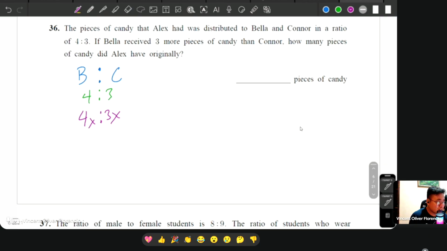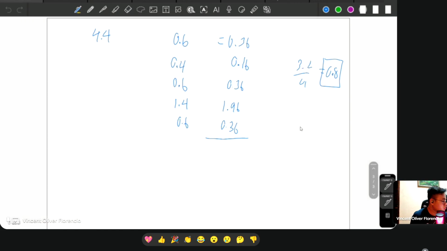Now, it says there that Bella has 3 more. What does it mean to say? Again, the one of Bella is 4x. The one of Connor is 3x. For these two to be equal, you need to add 3 more to Connor.